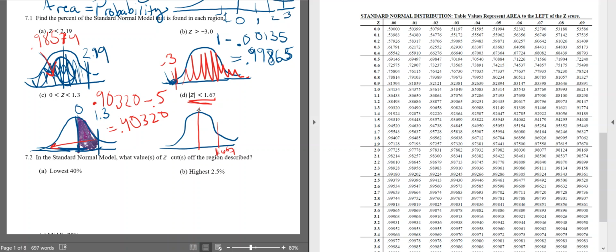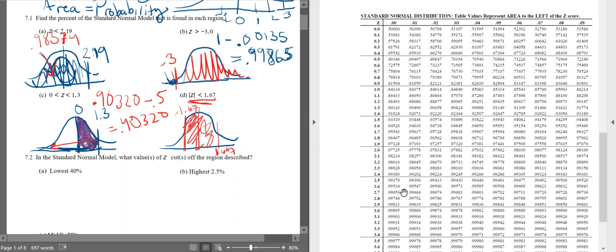That includes everything in here, because all the stuff in between is less than 1.67 in distance from 0. But you also get all the negative stuff, because absolute value makes everything positive, is another way to think about it. It's only because this is a less than that this happens. If it was a greater than, it would actually go the other way. So I want the area between these two.